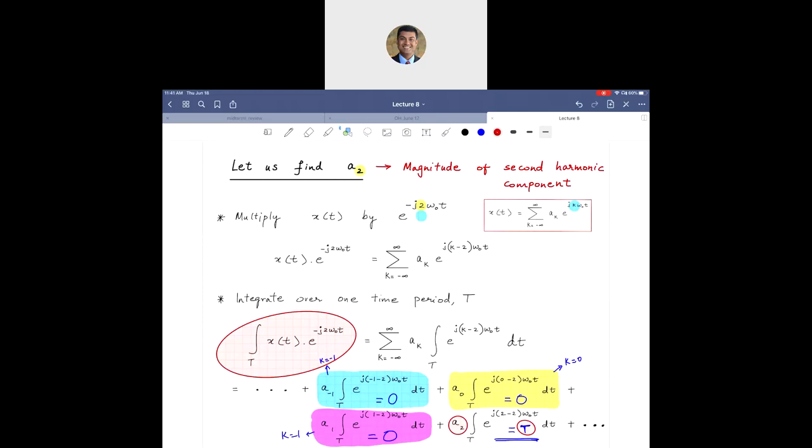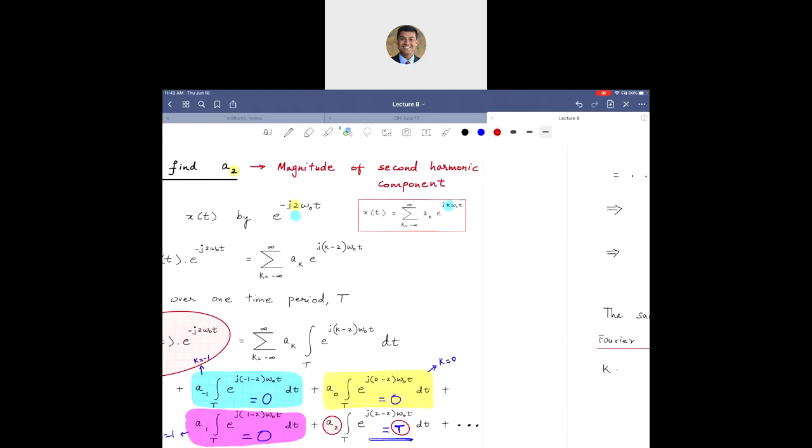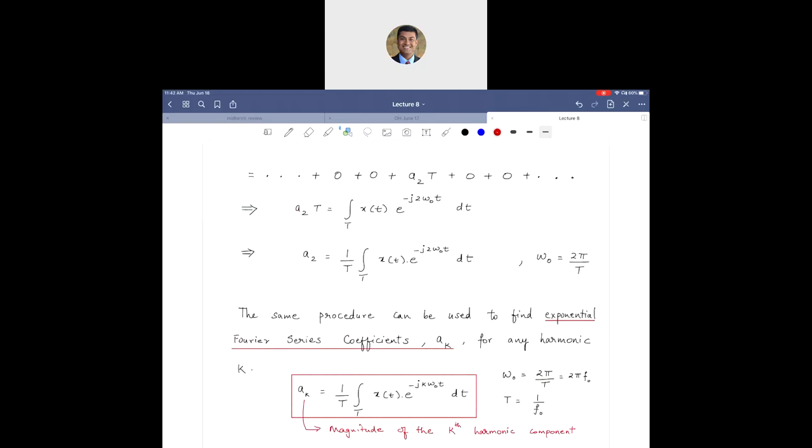So essentially everything went to 0 here, everything went to 0 over there. The only term that was non-zero was a2 times T, which means I can write a2 T equals integration over one time period x of t e to the negative j 2 omega naught t dt.